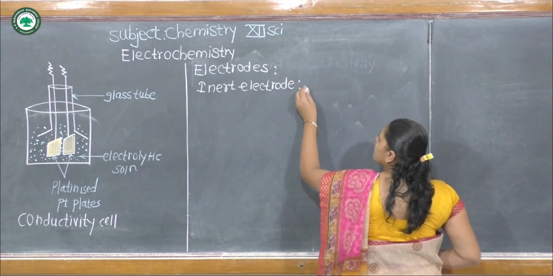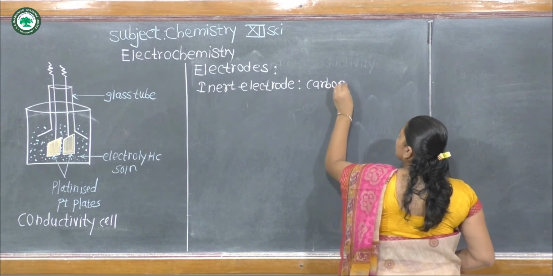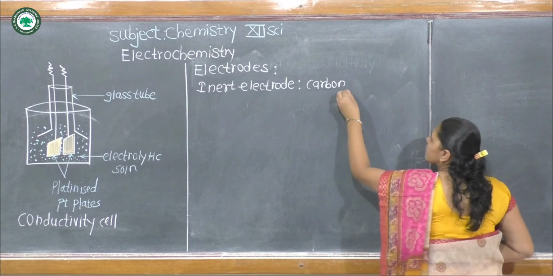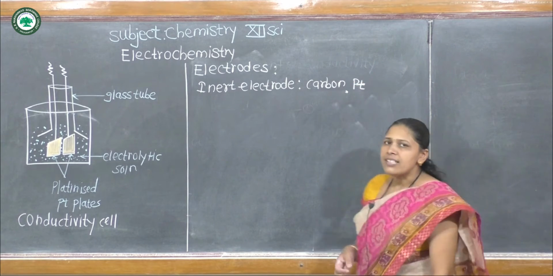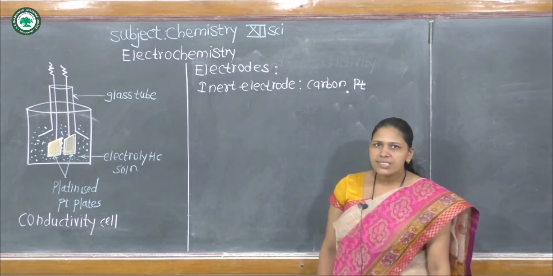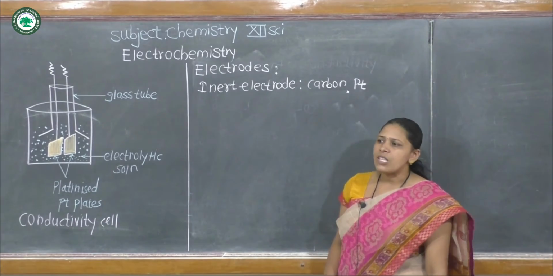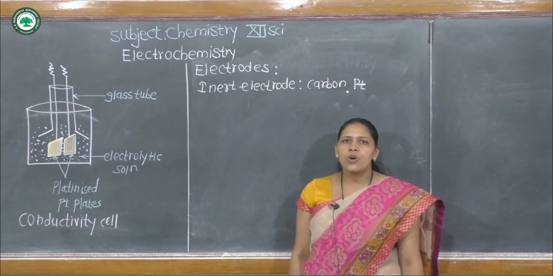Examples of inert electrodes are carbon electrode, platinum electrode, and also graphite electrode. What is meant by inert electrode?